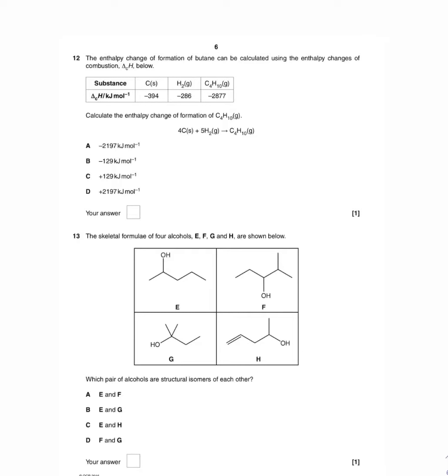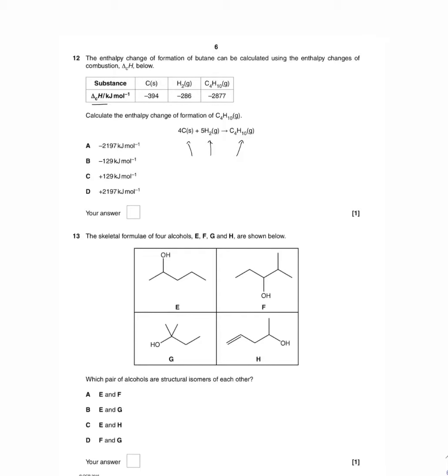Okay, question 12 says the enthalpy change of formation of butane can be calculated using the enthalpy changes of combustion below. Okay, so calculate the enthalpy change of formation of butane. So there's 4 lots of carbon. Carbon is here. Before everything, it does say combustion, so the arrows go up. If it's formation, the arrows go down.